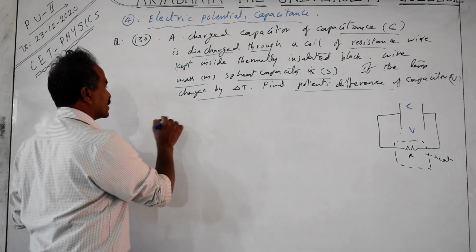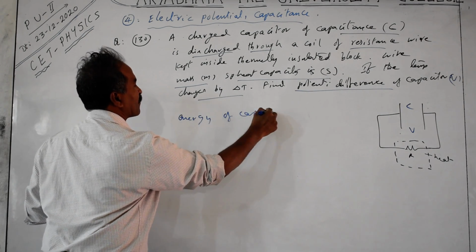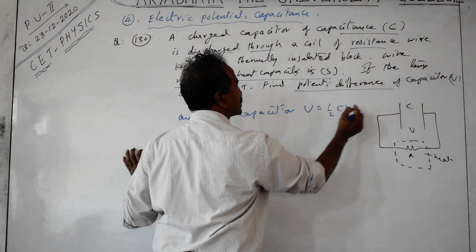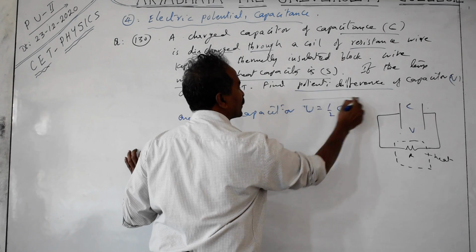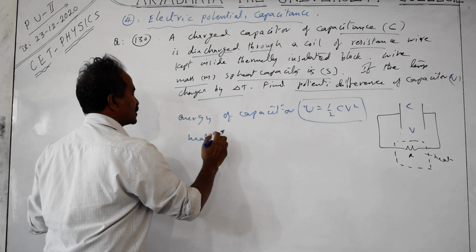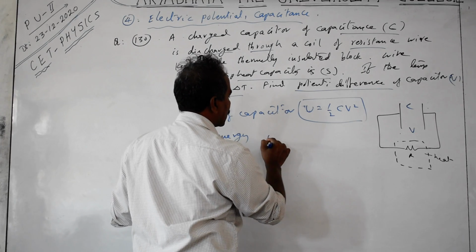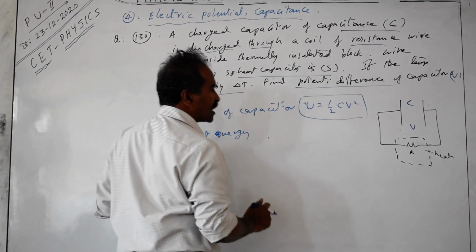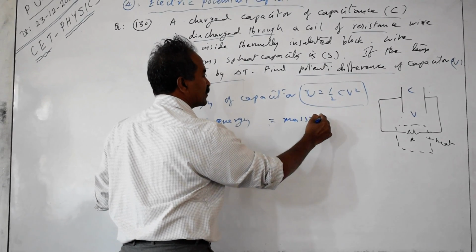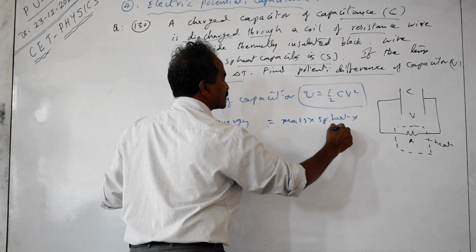So the energy of the capacitor is U equal to half CV square, because you are getting C and V, this capital letter, one relation. And the heat energy produced, we generally take it as Q, but Q is confused with the charge, so I am not giving the symbol for it, equals mass into specific heat into temperature change.